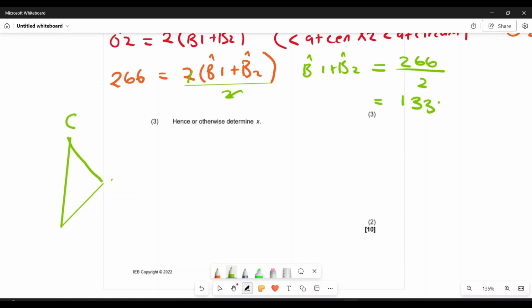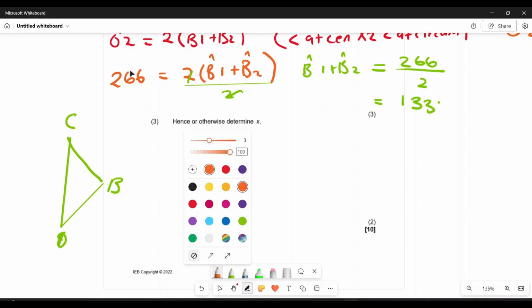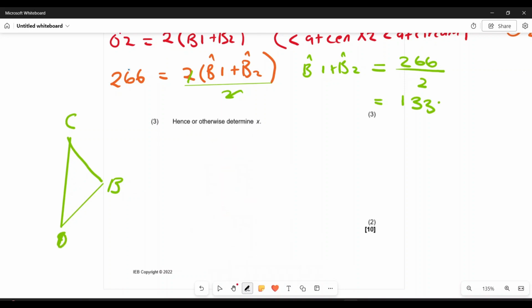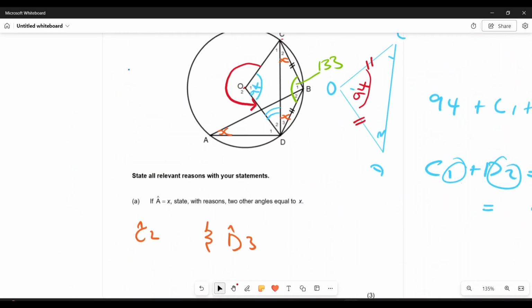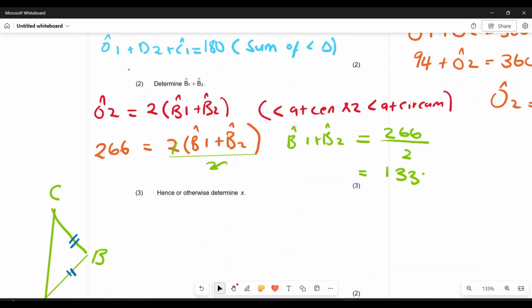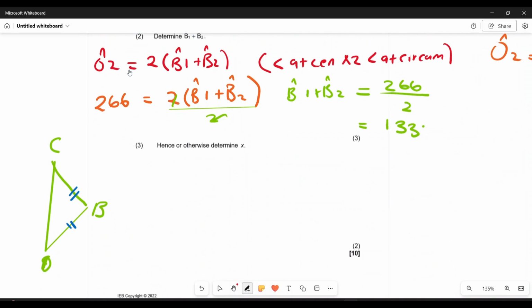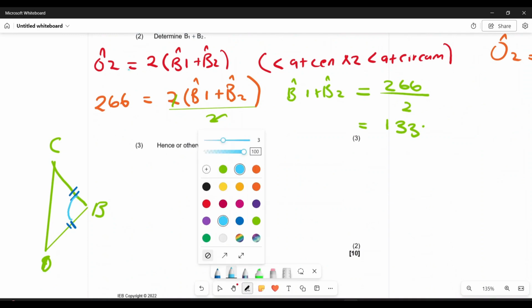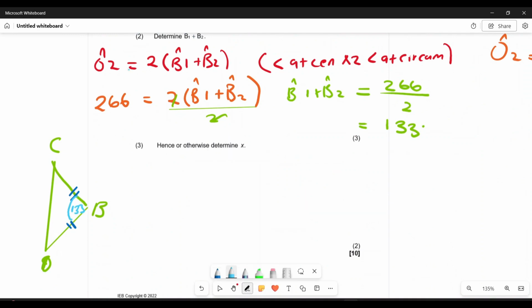So this was my C, B, and this is D. Now remember this line is equal to that line, in accordance with this information, and we have found angle B1 plus B2 to be 133, meaning that we have this angle B here as 133. So we need to determine x.